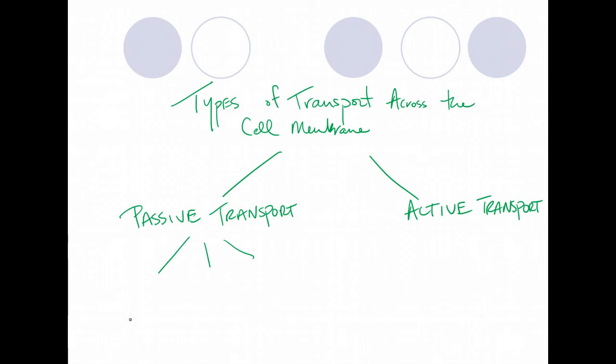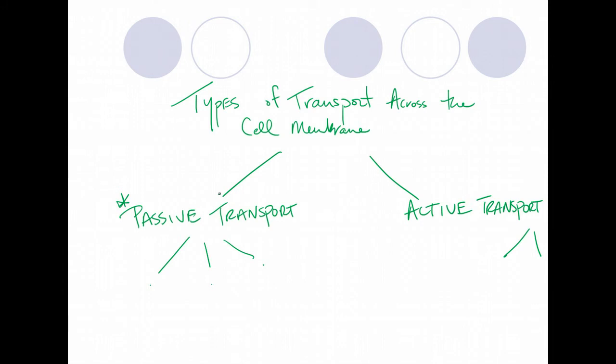So we'll come back and fill those in. And in fact, active transport is the main type that we're going to talk about, but there are two smaller subsets that we'll be talking about in the near future. Today, what we're focusing on is this passive transport and the three types of passive transport.